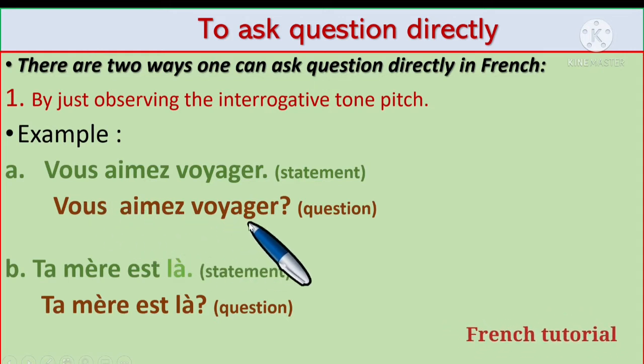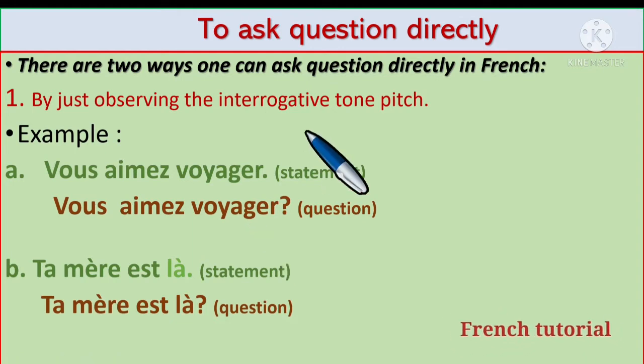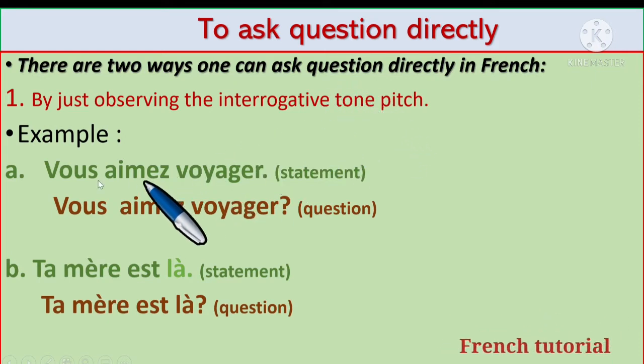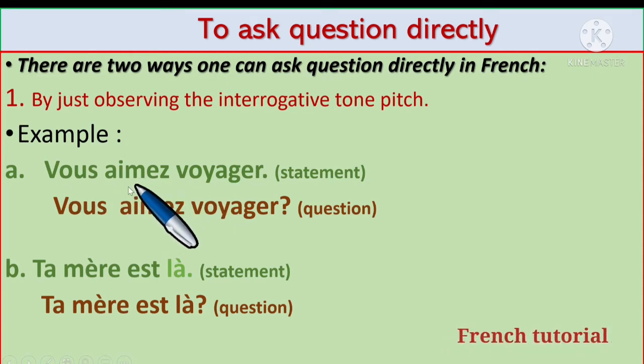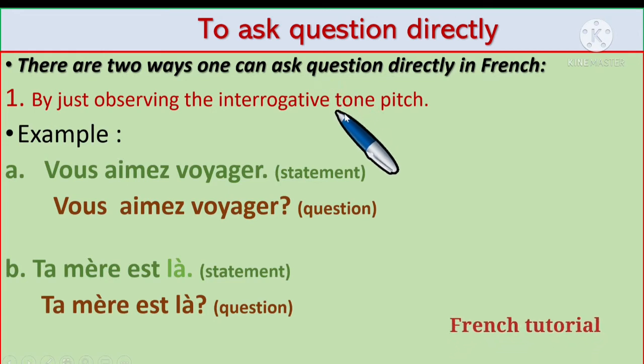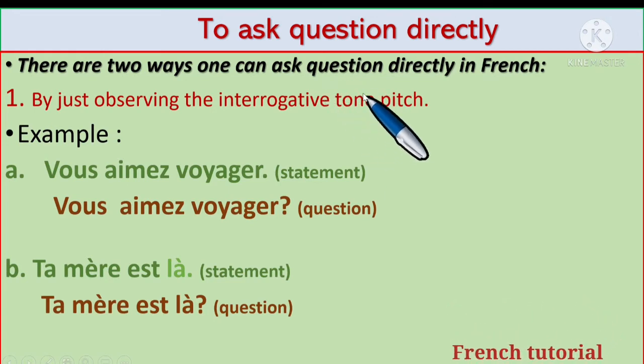So, you see that in speaking, it is only the tone that will inform me that you're asking question. If you just remain the same flat like that, I won't know it's a question. So you have to indicate that it is a question by the tone.